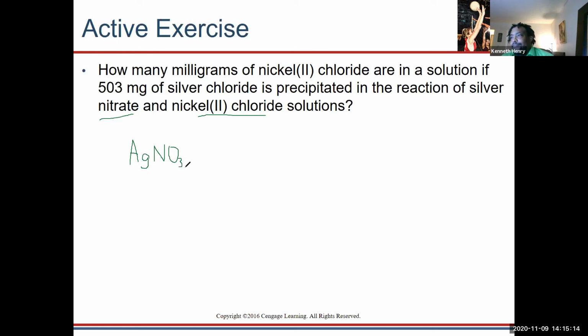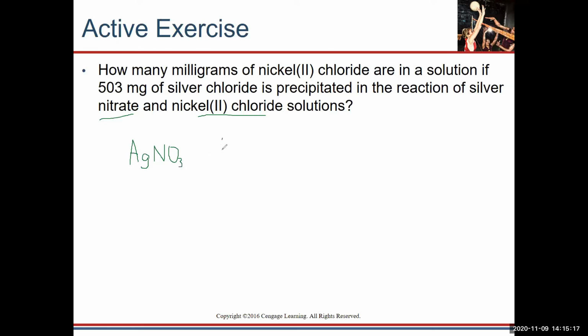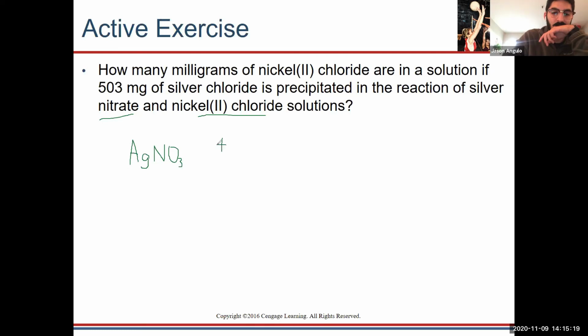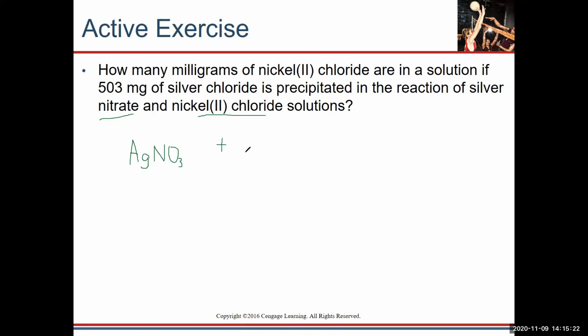Okay, so then that's balanced. And then plus nickel(II) chloride, and nickel is Ni, with a +2, and chloride is just Cl. So then it'd be NiCl2. Okay, and then the arrow. Then silver chloride would be just AgCl.